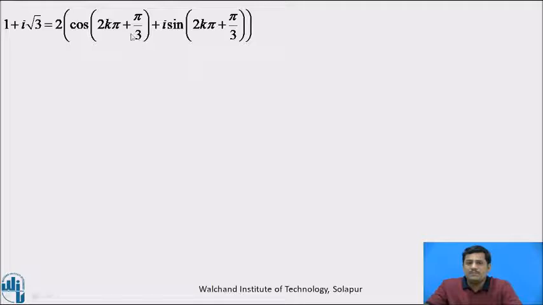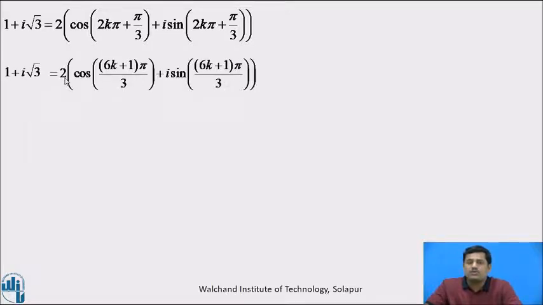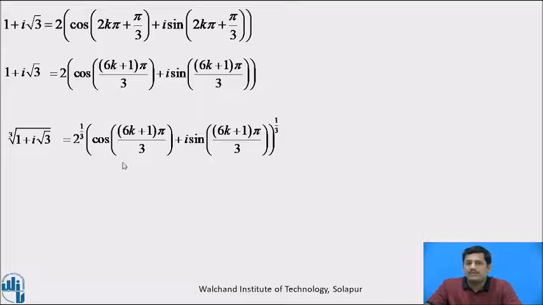Taking the cross multiplication here, we get 3 into 2k pi is 6k pi, and taking pi common, we get 2 into the bracket cos of 6k plus 1 pi by 3 plus I sin of 6k plus 1 pi by 3. Now taking cube root on both sides, we get 2 raised to 1 by 3 into this bracket raised to 1 by 3. As we are taking cube root, the values of k are 0, 1, 2.